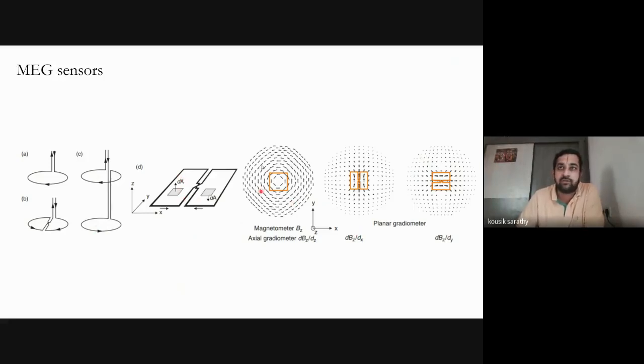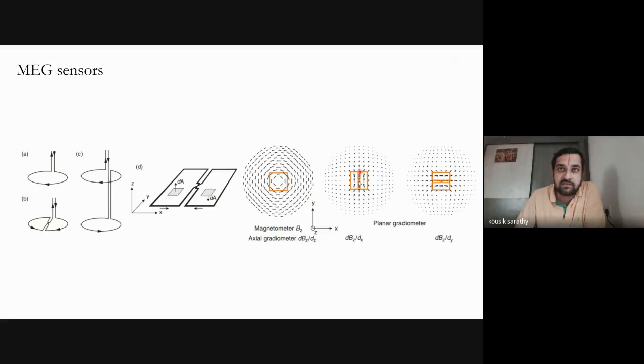If you look at the field distributions picked up by each of these sensing elements, your magnetometer is going to pick up the basic magnetic field. It's a simple sensing element. The gradiometer is going to pick up fields that are directly under it, because fields that are slightly away from it will have equal induction on both coils, which means they'll cancel out. Only fields very close to the center of it will be picked up.